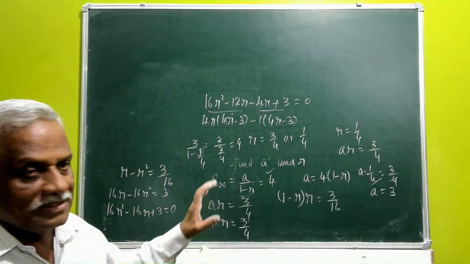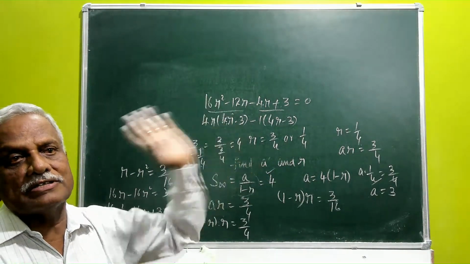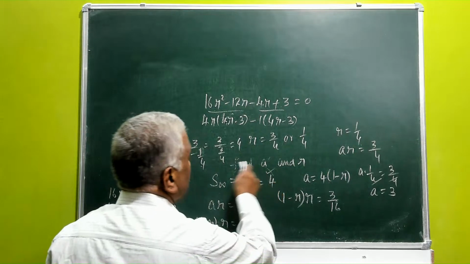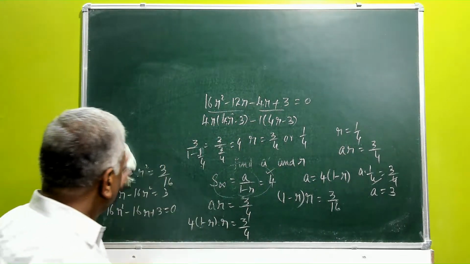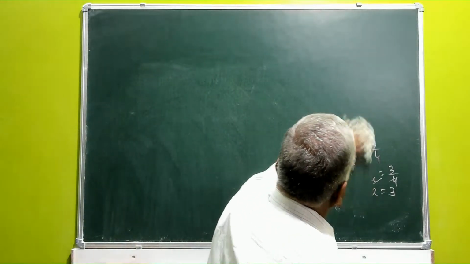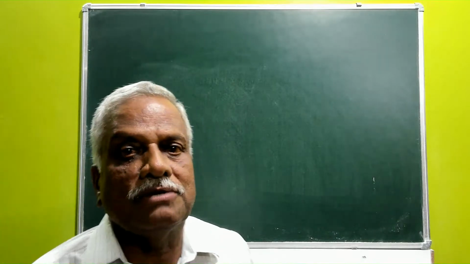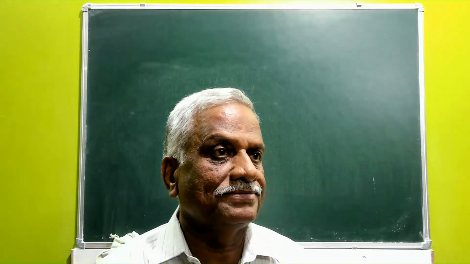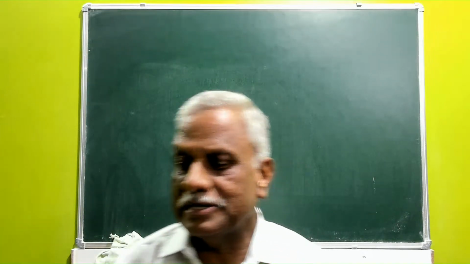Even otherwise, instead of working all this, the elimination method always works out. You have to just substitute this. It will not take more time. So this is what I am suggesting. Why did I work out the problem? Just to make it very clear to you, if you start solving by the usual method, it takes time. So this is a problem where you can get a solution from the solutions. Okay, let's move on to the next problem.